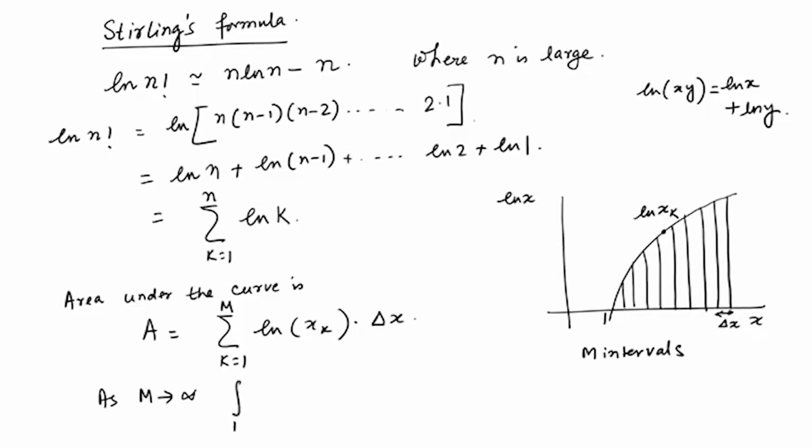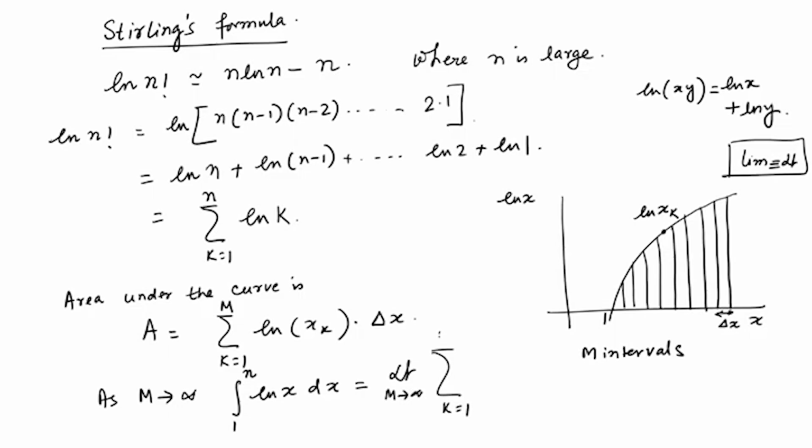So, this becomes equal to the integral from 1 to n of log of x dx. This is equal to the limit, which I write as LT, m tending to infinity, of the sum k equal to 1 to m of log of x_k into delta x.